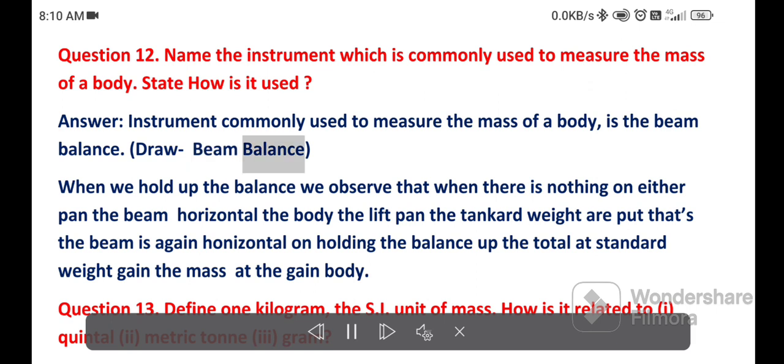Draw beam balance. When nothing is on either pan, the beam is horizontal. The body is put on the left pan and standard weights are put on the right pan until the beam is again horizontal. On holding the balance up, the total of standard weights gives the mass of the body.